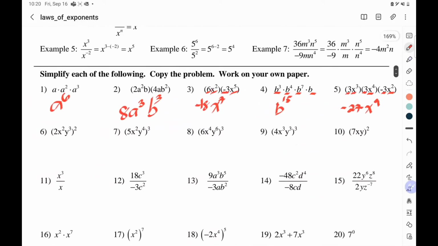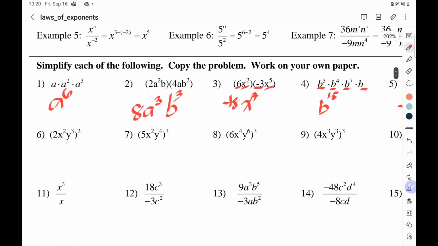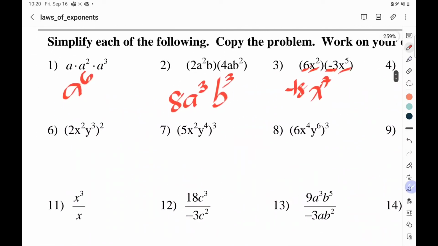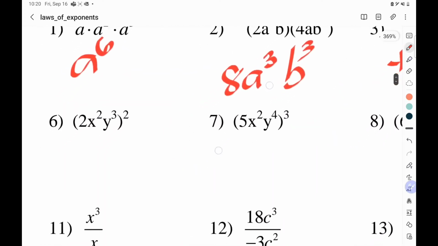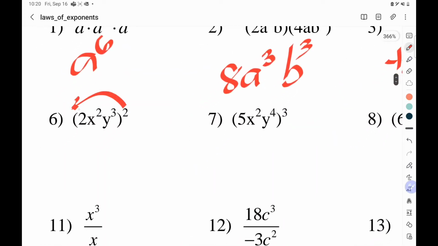Let's try answering number 6. This is a combination of two laws. We have power of a power, and then power of a product. So we just have to distribute the exponent to each of the factors there.